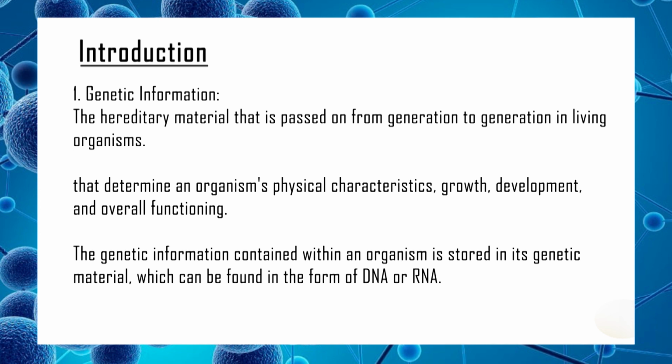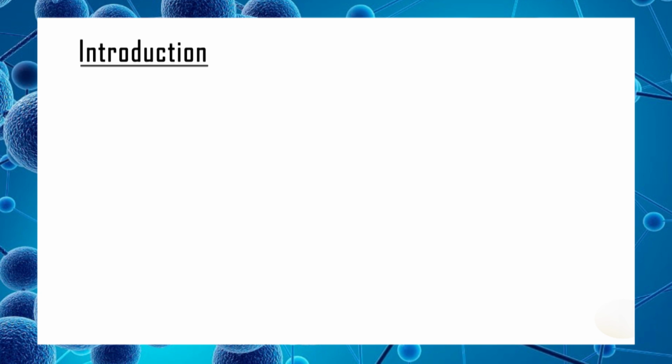The genetic information contained within an organism is stored in its genetic material, which can be found in the form of DNA or RNA. This information plays a critical role in various biological processes such as reproduction, evolution, and adaptation.